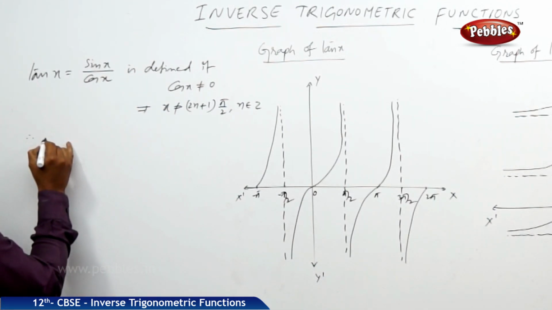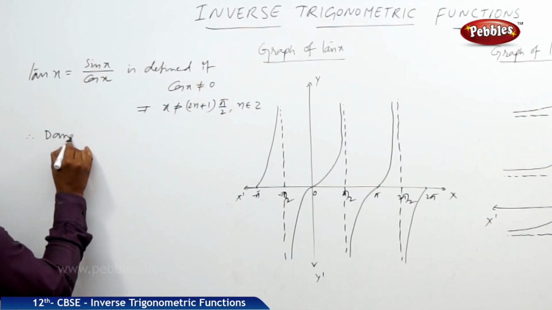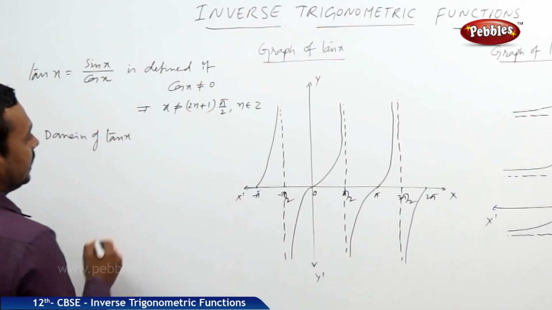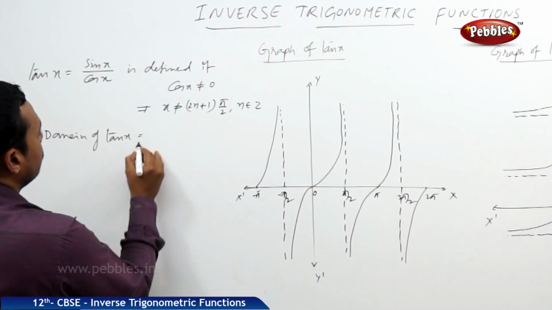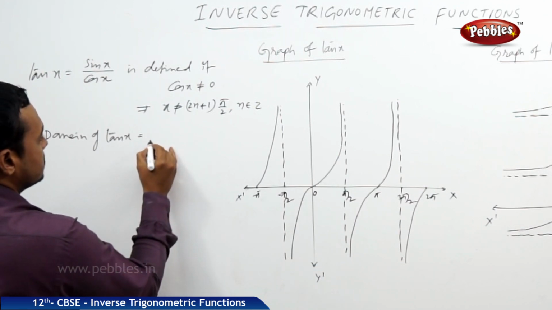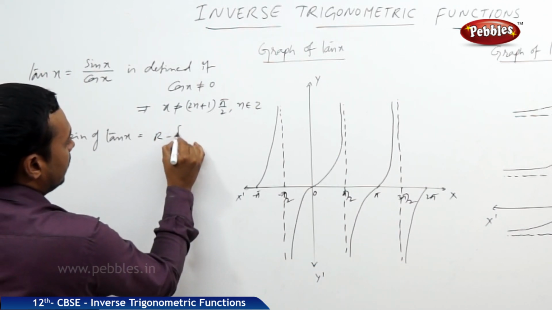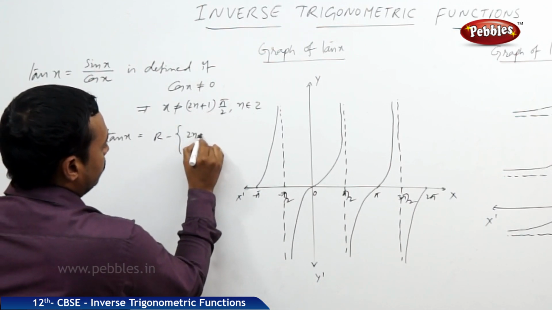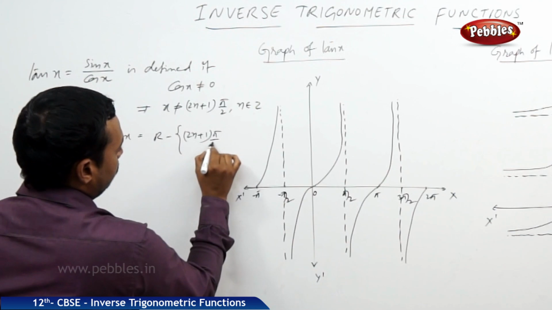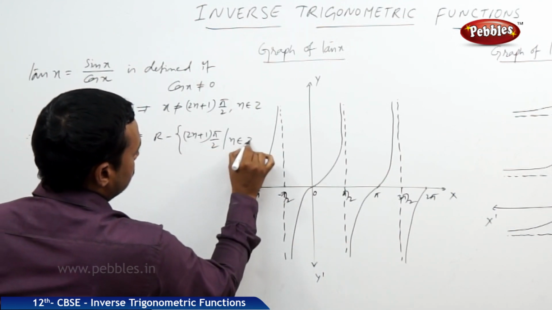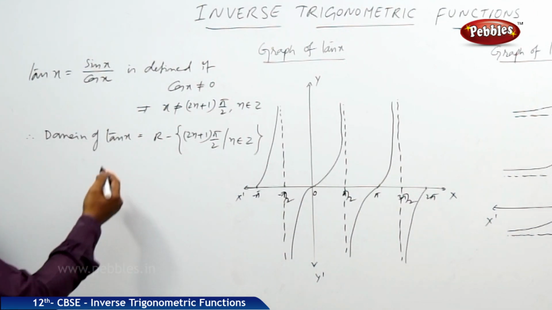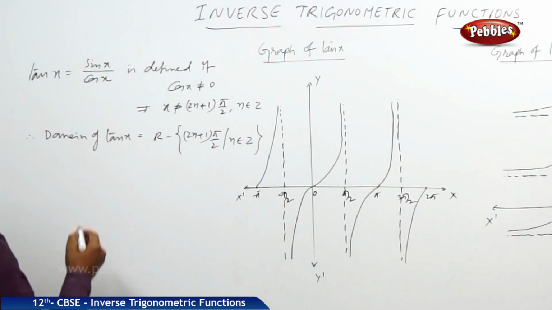Therefore the domain of tan x is the set of all real numbers except odd multiples of pi by 2, that is 2n plus 1 pi by 2, where n belongs to Z. The range is minus infinity to plus infinity.